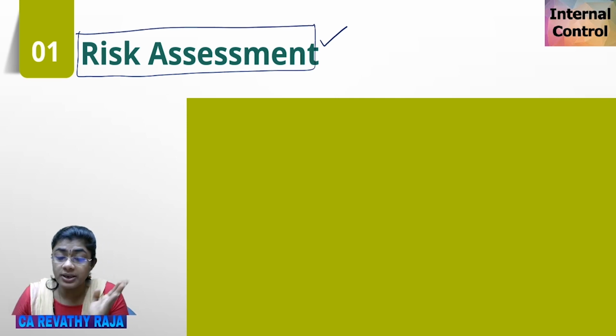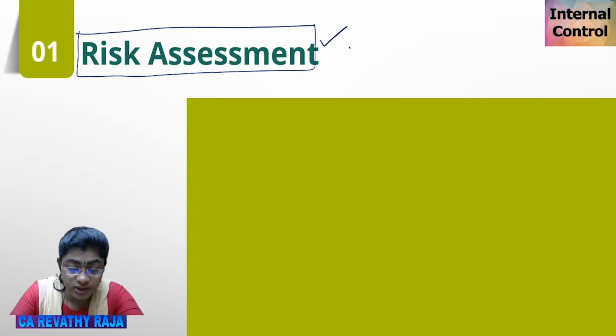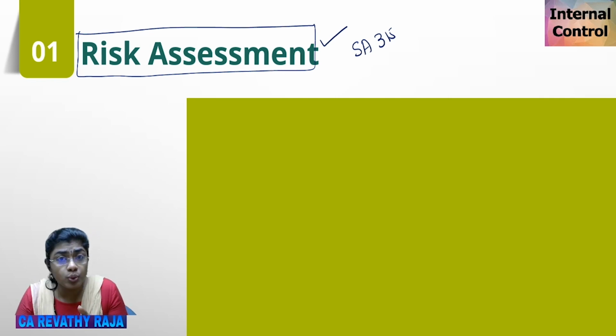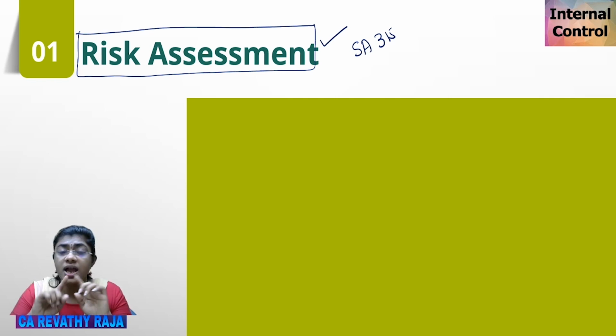First, let me link it with the SA. The first thing we have in risk assessment is SA 315. You remember the SA 315 name? Identifying and assessing the risk of material misstatement through understanding the entity and its environment.